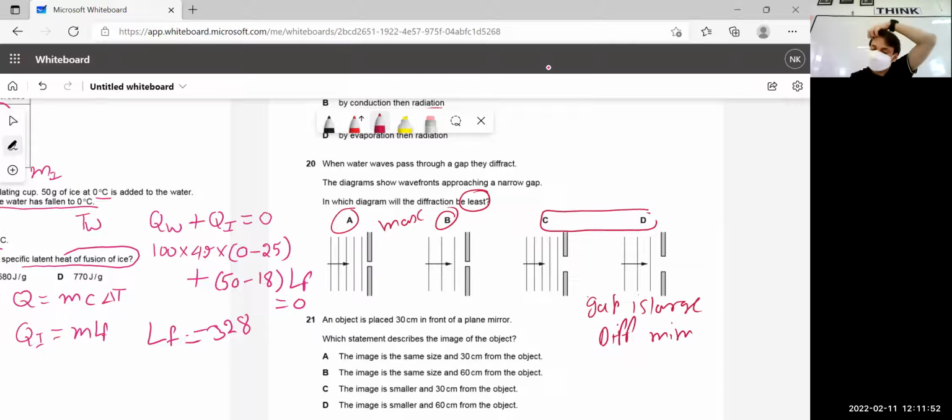But there is another rule. It's not about the gap always, but you have to compare the gap width with the wavelength of the wave or wavefront falling on the gap. If the wavelength is equal to or less than the width of the gap, then still the diffraction is maximum.